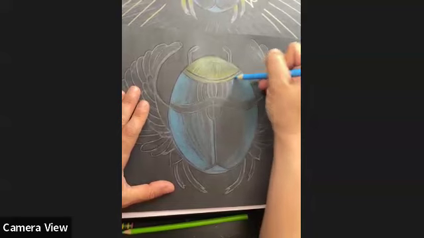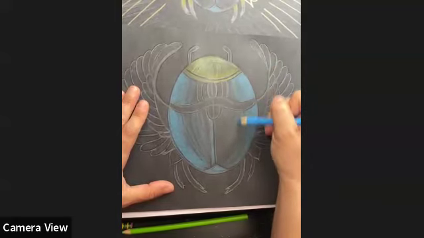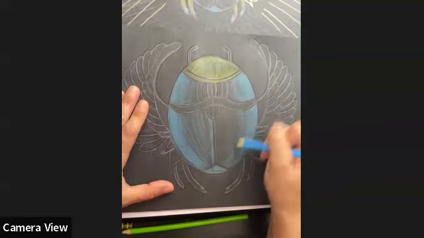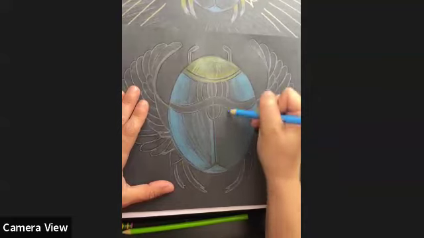And again, this is where, if you want to start adding some more colors, I feel like a yellow or a lime green might look really neat. I might try it.